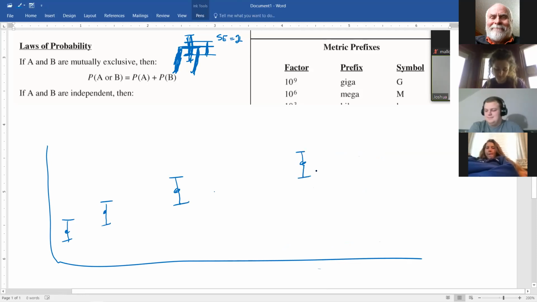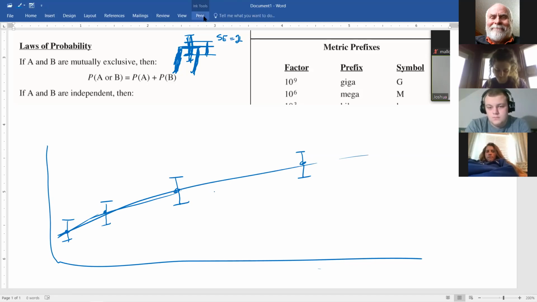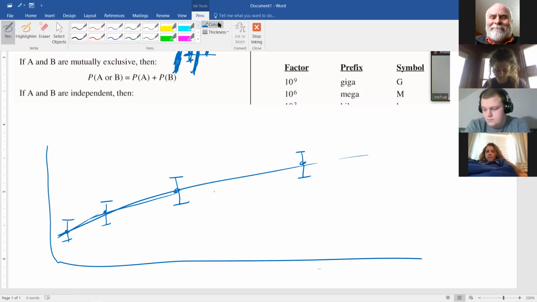And each point should have the same standard error. Come on, I'm picking my pen up for some reason. So I've got that line on the graph, and then I've got this line on the graph.